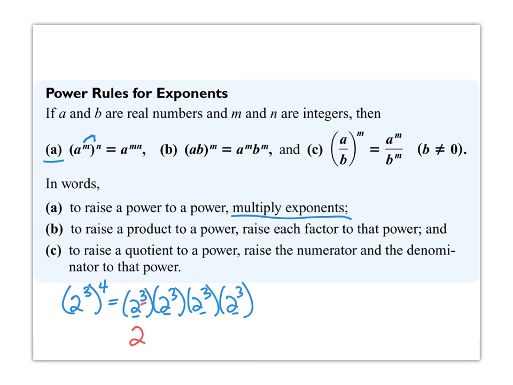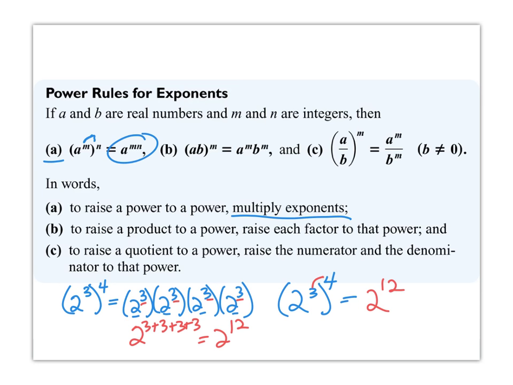So you can write this as 2 raised to the 3 plus 3 plus 3 plus 3, or 2 raised to the 12th power. So the power rule for exponents allows us to get this answer without doing those extra steps. If you have the base 2 raised to the power of 3, and then that's raised to the power of 4, the power rule for exponents says that we can multiply those exponents together, 3 times 4, to get the power of 12.